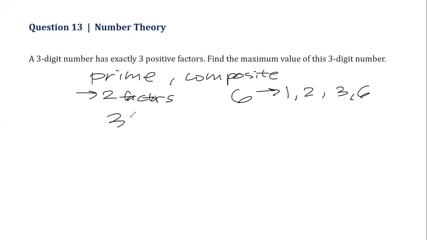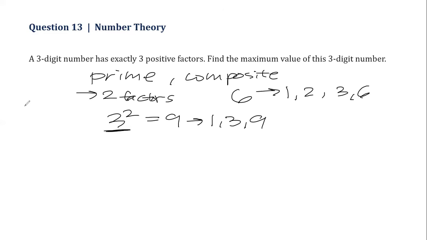Let's take 3, for example. 3 is a prime number. You square this, you get 9. And 9 has factors of 1, 3, and 9. This means that 9 has exactly 3 factors. So this problem is asking us for the maximum 3-digit number that is the square of a prime number.